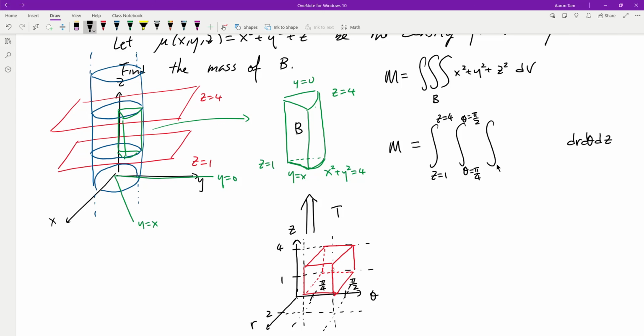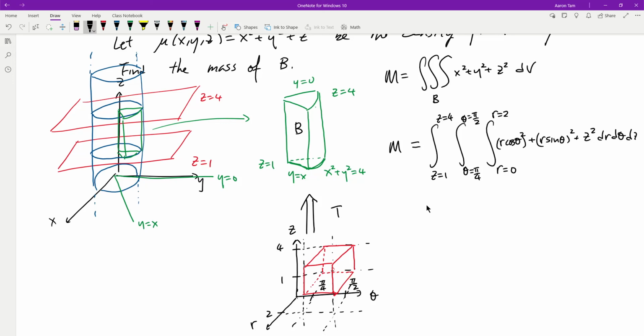And then r would go from 0 to 2. And our integrand will be x squared, which is (r cosine theta) squared, plus (r sine theta) squared plus z squared, dr d theta dz.